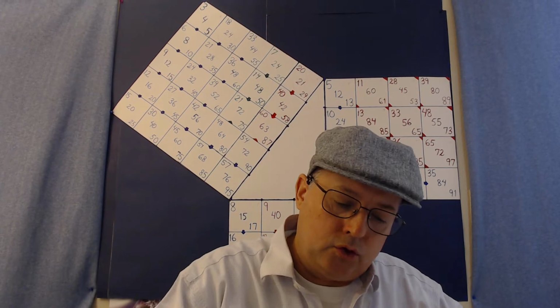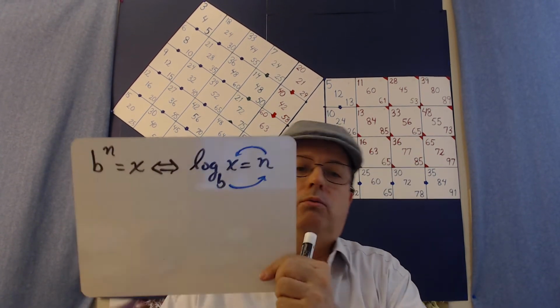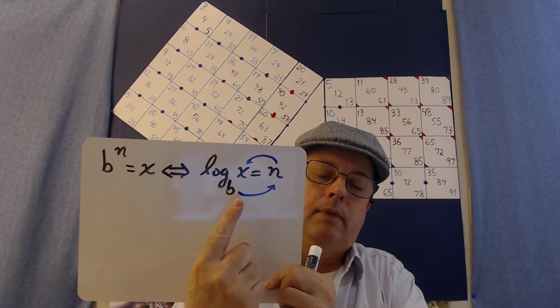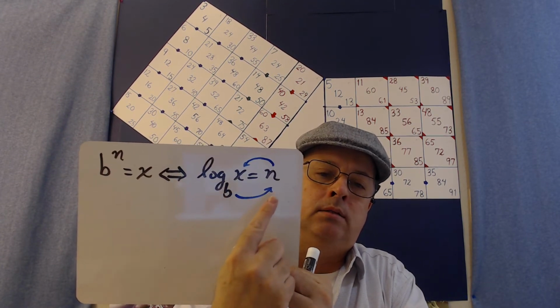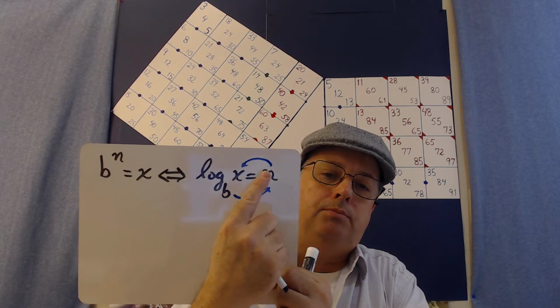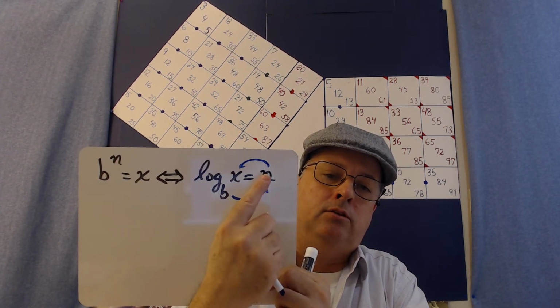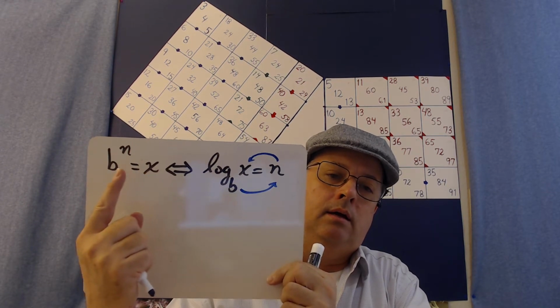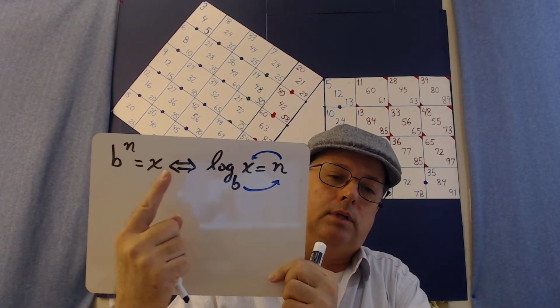And when we have this definition of logarithms, remember that we can make this round trip. When we have log base b of x equals n, we can make this round trip from the base to the power back to the argument, and get b to the n equals x.